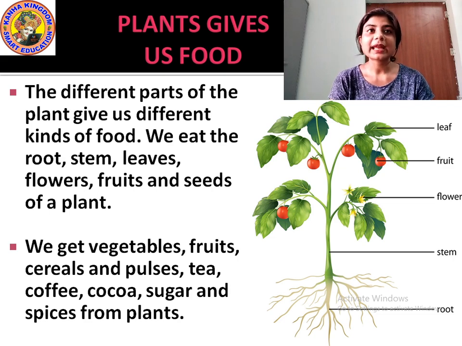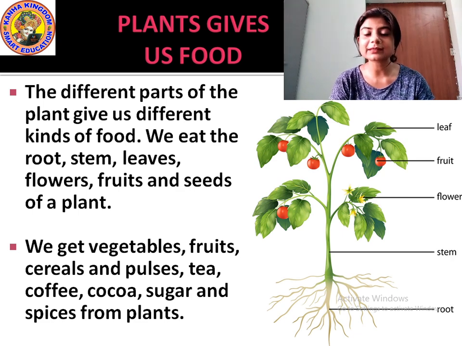Okay, we eat the root, stem, leaves, flowers and seeds of a plant. Okay, what do we eat? We eat the root, we eat stem, flower, fruit, leaves and the seeds of a plant. Okay, different kinds of food it gives us. Understood? And we also get vegetables, fruits, cereals and pulses, tea, coffee, cocoa, sugar and spices from plants. These are the different things that we get from plants.